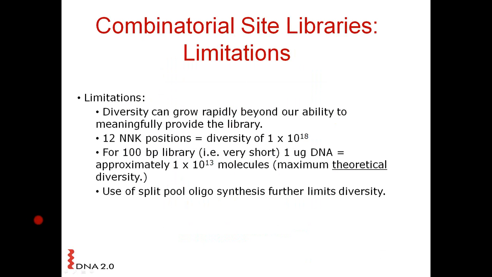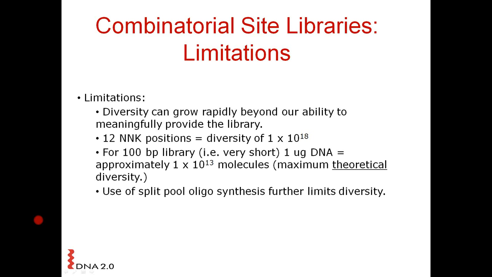Now, there are limitations on combinatorial site libraries, and this is something that we are going to discuss with you if you make a specification that we look at and see any red flags. We have had customers, for example, specify diversity that is much, much larger than we can meaningfully provide.